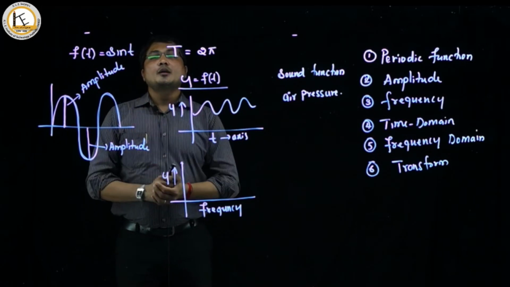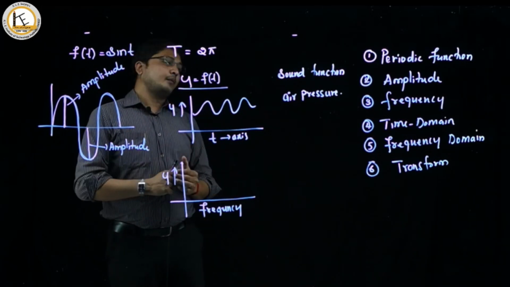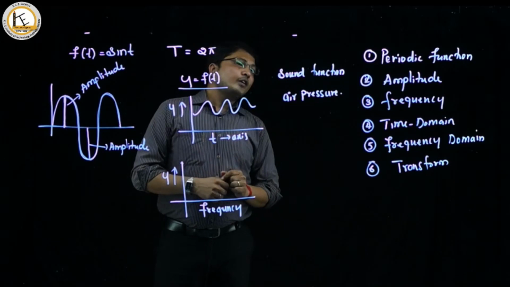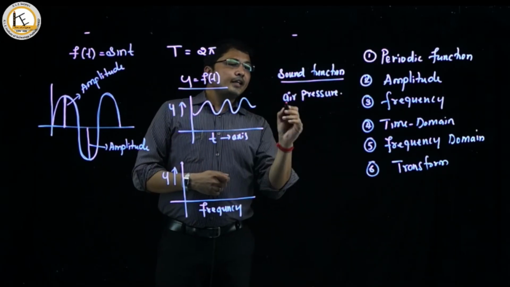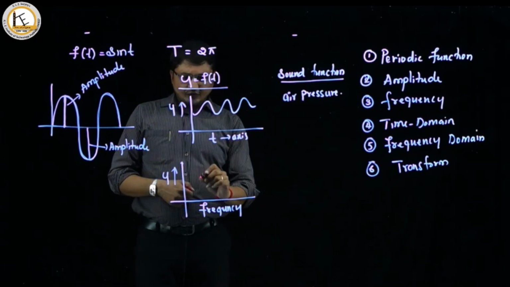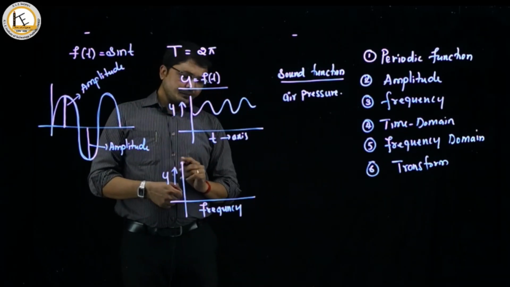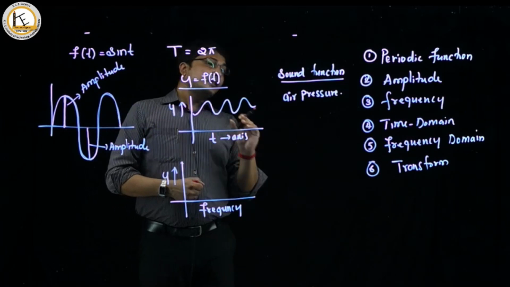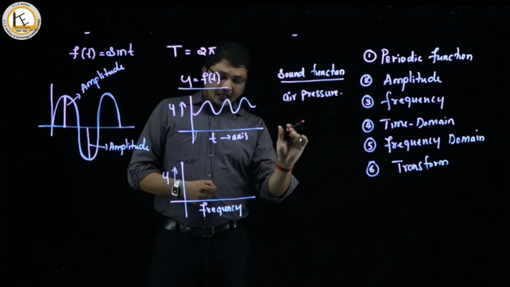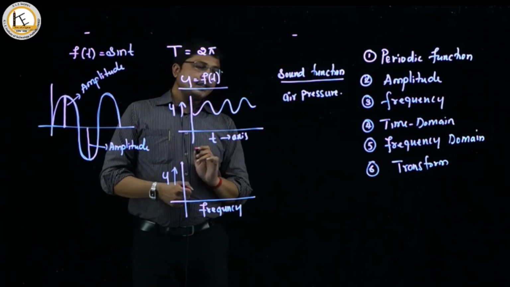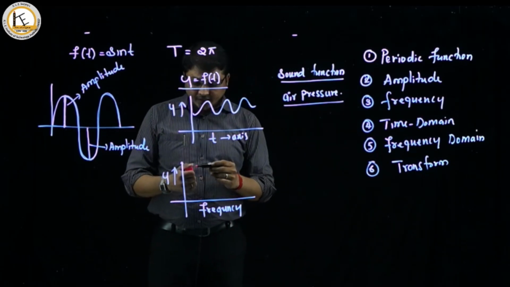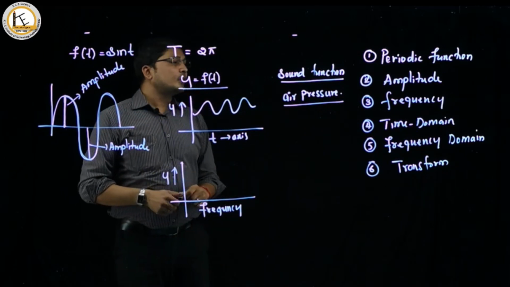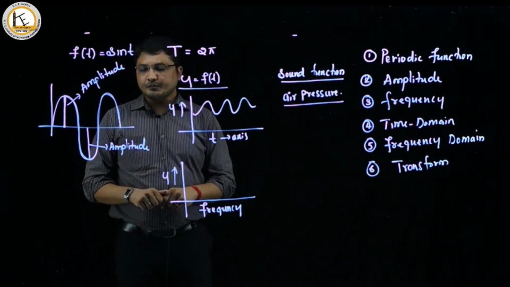For example, if I take a sound function and express it in the frequency domain, then from this I can study what the air pressure will be at particular frequencies. That is called the frequency domain.